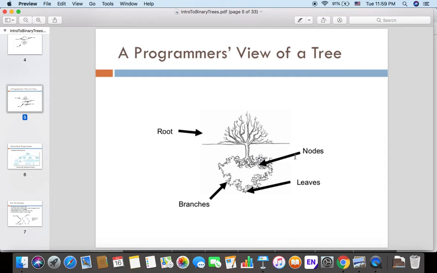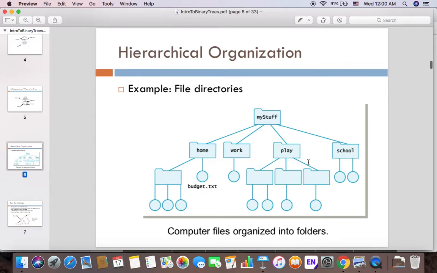But here we see a new phrase, which is called nodes. That is a phrase that is commonly used to describe the different leaves in the tree. Later on you can understand this terminology better as I go further.